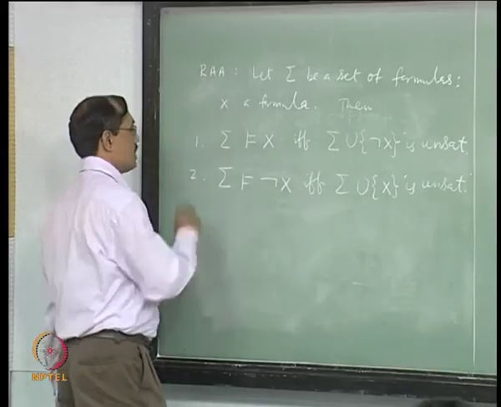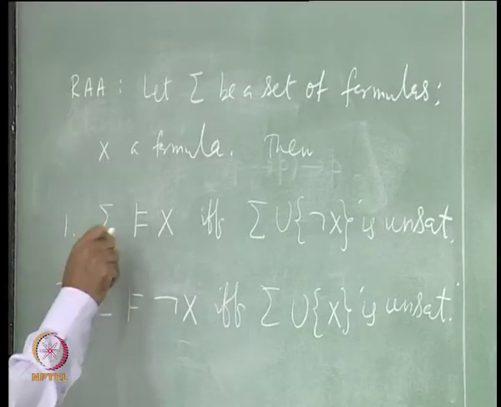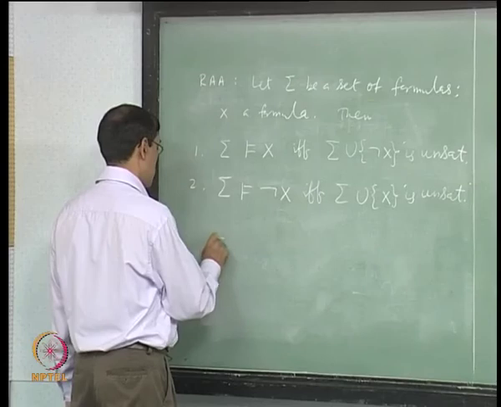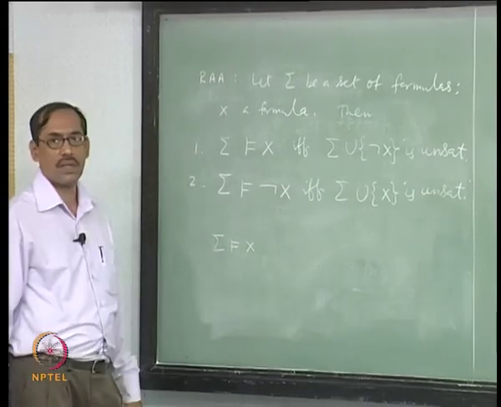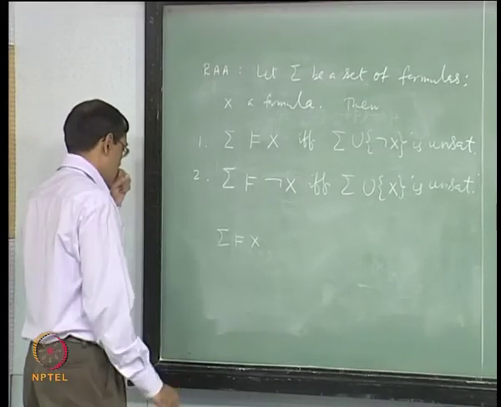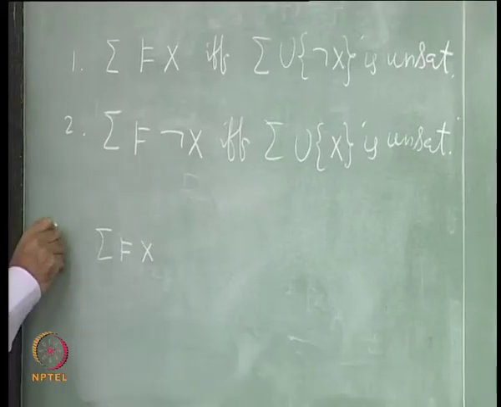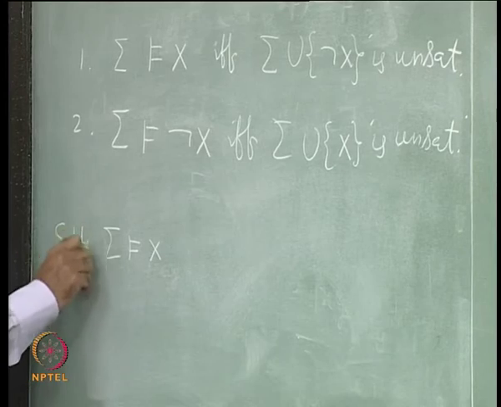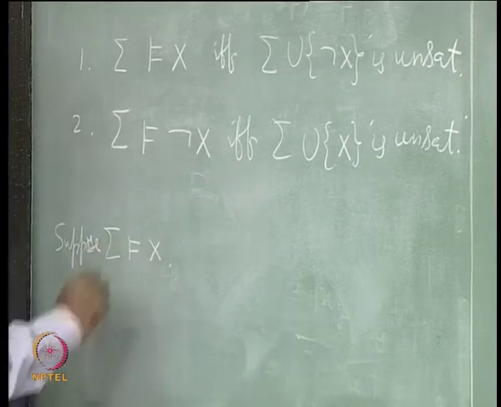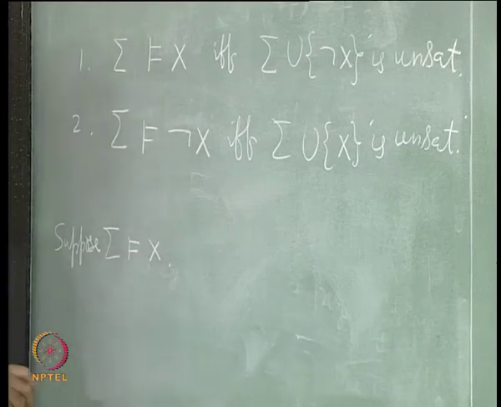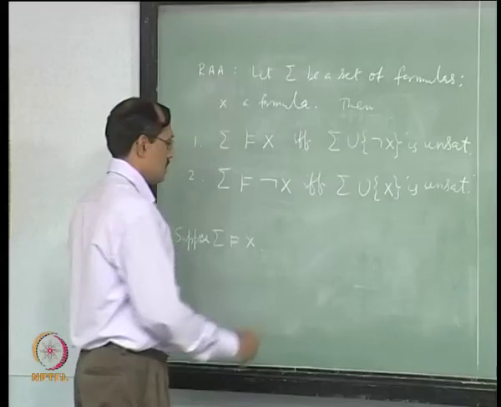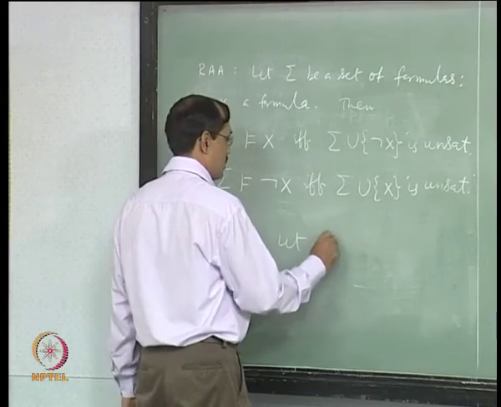Okay, now what happens here? First one, let us say, so sigma entails x, you want to prove sigma union not x is unsatisfiable. So, first suppose sigma entails x. To show sigma union not x is unsatisfiable, how do we proceed? So, let IL be a state.